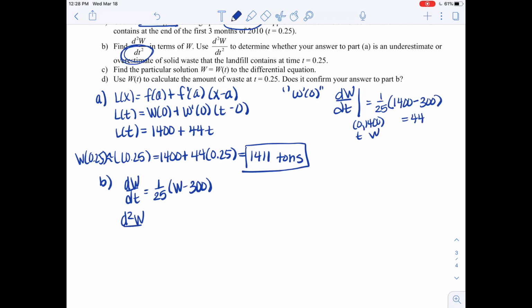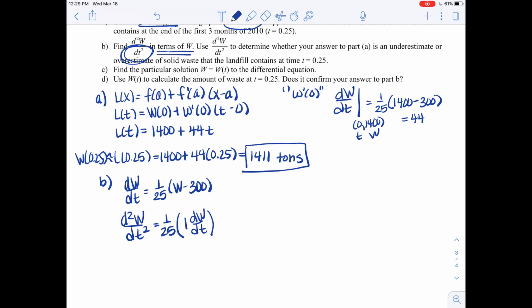So when I take my second derivative, d squared w over dt squared, 1 over 25 is just a constant that stays out front. The derivative of w becomes 1, but I have to follow that up with dw/dt, because I'm using implicit differentiation and it's not all in terms of t. Negative 300 comes out to be 0.